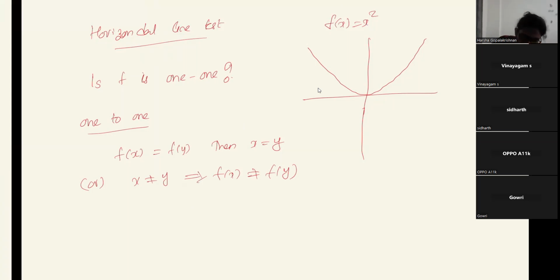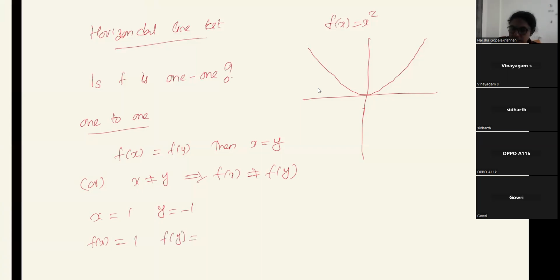For example, let us take x equal to 1, y equal to -1. What is f of x here? 1. And what is f of y? 1. Now, what does this imply? Is this 1-1 or not?